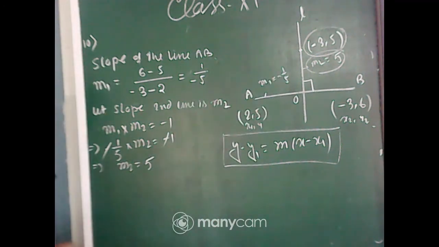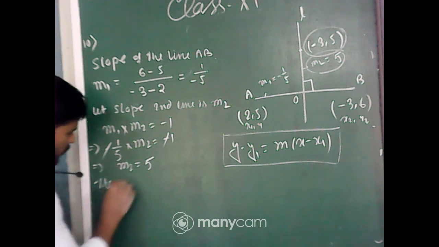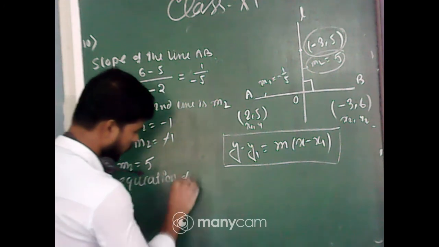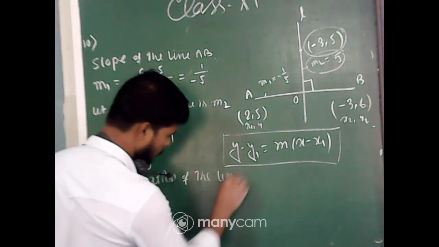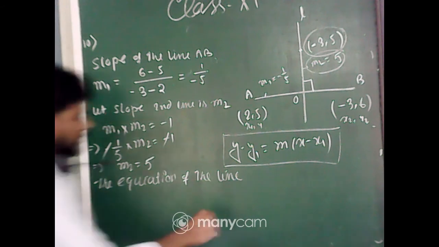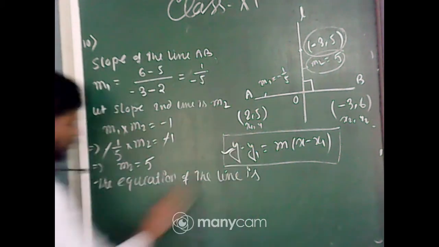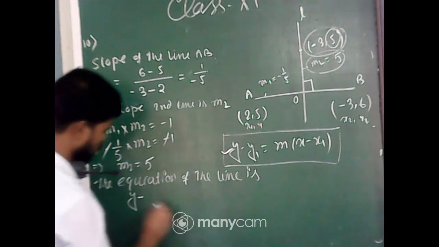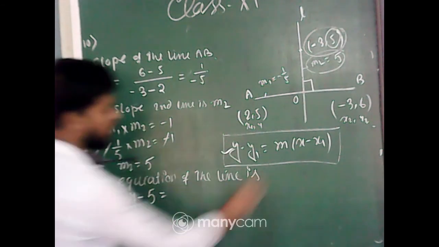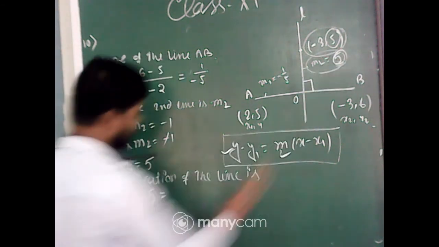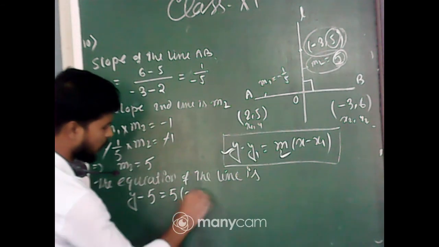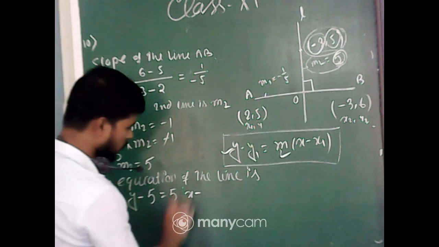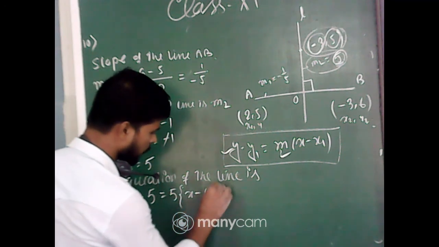Therefore the equation of the line is, putting in the formula, y minus y1. What is the value of y1? This is y1. So y minus y1 is equal to m. The value of m is 5, times (x minus x1). The value of x1 is minus 3, so x minus of minus 3.